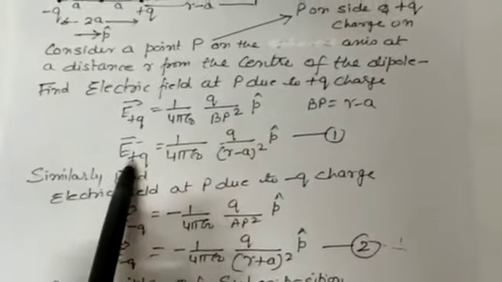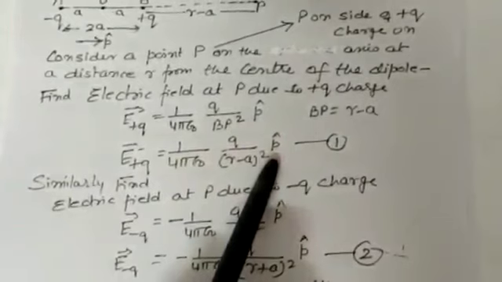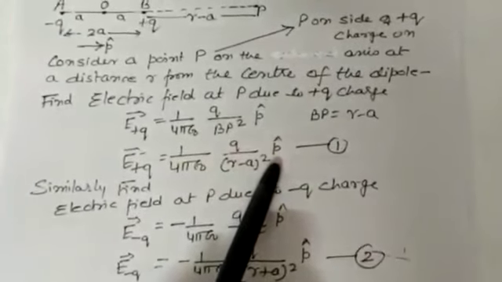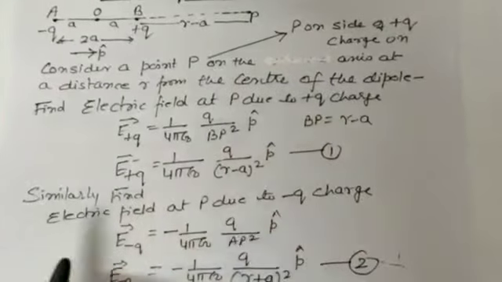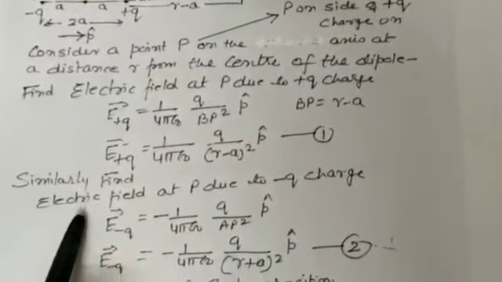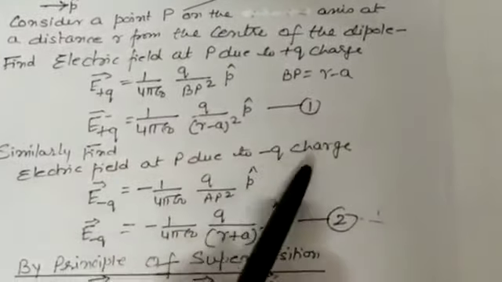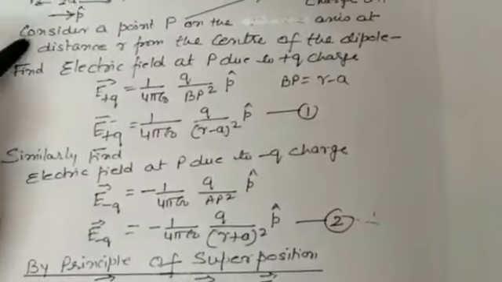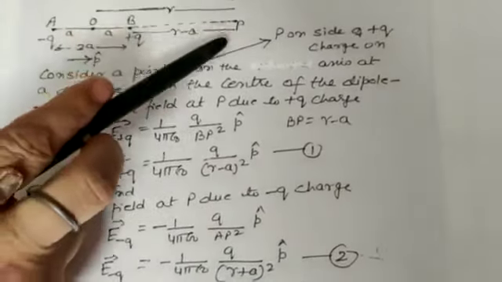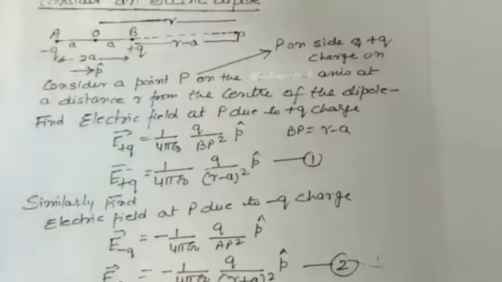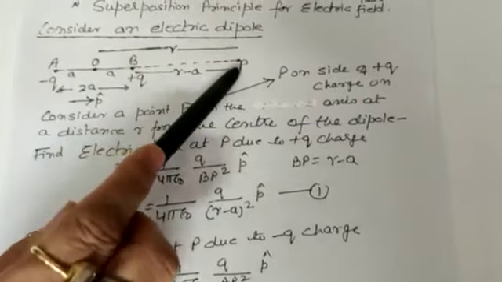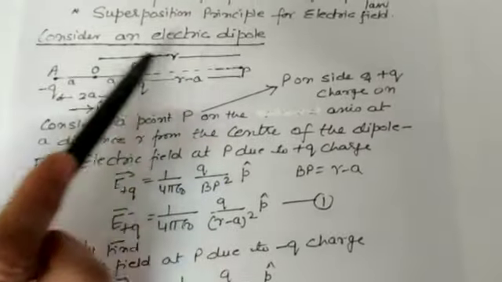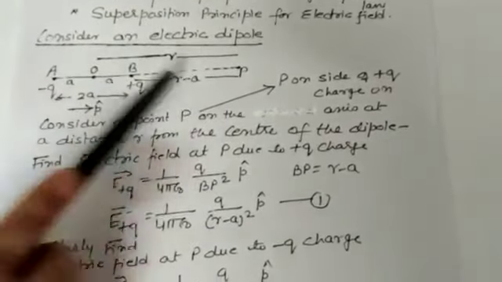See, your E plus q is in the direction of p unit vector, that is from negative charge towards positive charge, along BP. Now you find the electric field at point P due to minus q charge. Your minus q charge is at a distance AP from P. Since A to O is a and O to P is r, the net distance becomes AP equals r plus a.